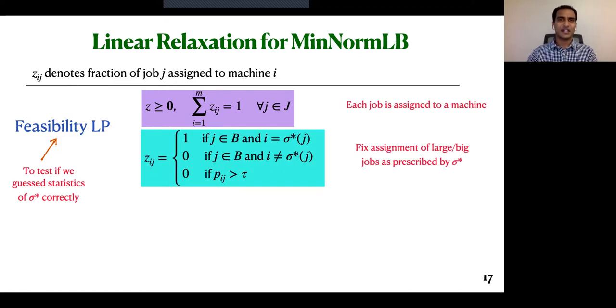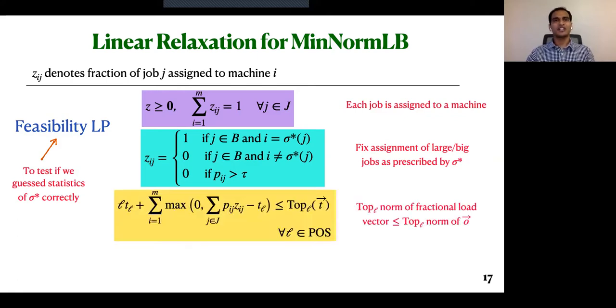The second set of constraints encode our guesses of large jobs in an optimal solution. If a job J is large, then Zij should be 1 if and only if I equals sigma star j. Also, if any Pij is larger than tau, then the corresponding Zij should be 0. This is to ensure that the fractional solution is consistent with sigma star on big jobs.